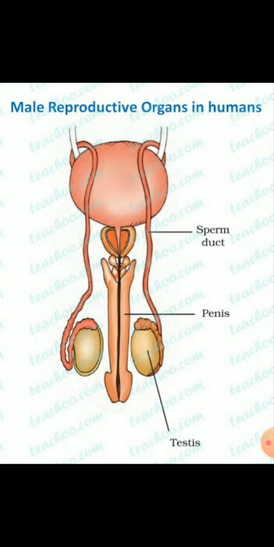What is the function of testes? The formation of germ cells, that is sperms, is done in testes. So, if it is asked to you, what is the function of testes? The function of testes is to produce the germ cells or sperms.